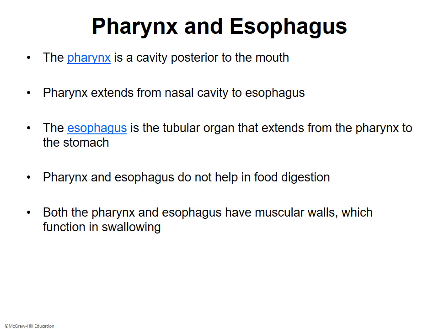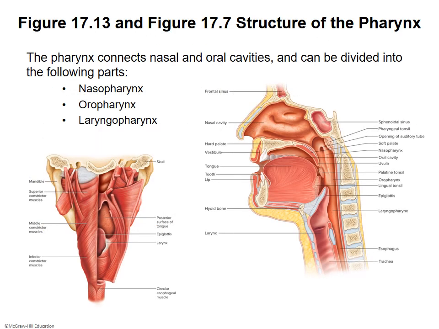Now, the pharynx and the esophagus do not have any process of food digestion. Nothing about breaking anything down. It is simply a passageway. And they have very muscular walls, and those muscles are there to help in swallowing. The pharynx connects the nasal and oral cavities and can be divided into the following parts, like we talked about.